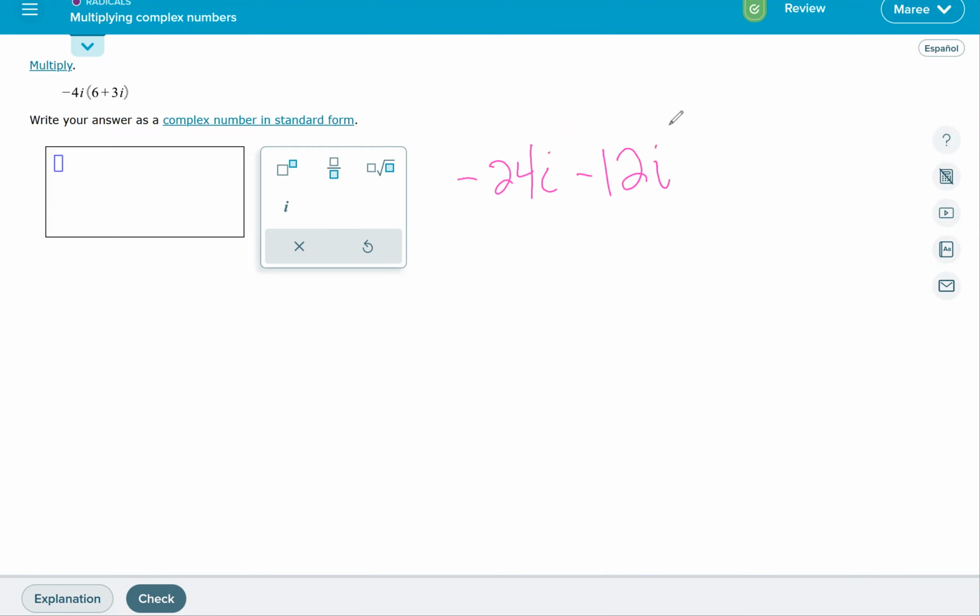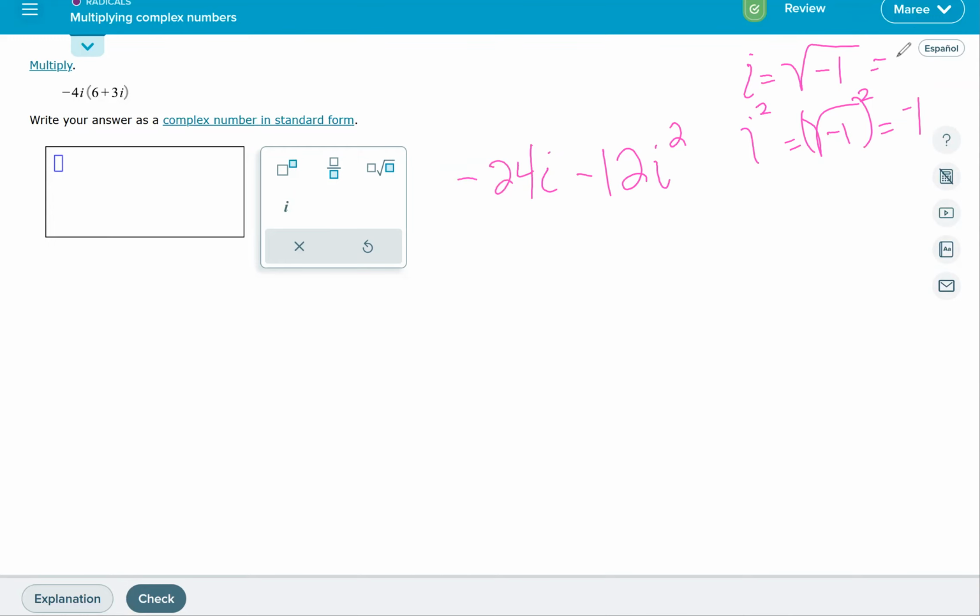And then we have i squared. So there's a couple of things about the imaginary numbers. i is equal to the square root of -1. And if we square that, we get the square root of -1 squared, which is just equal to -1.